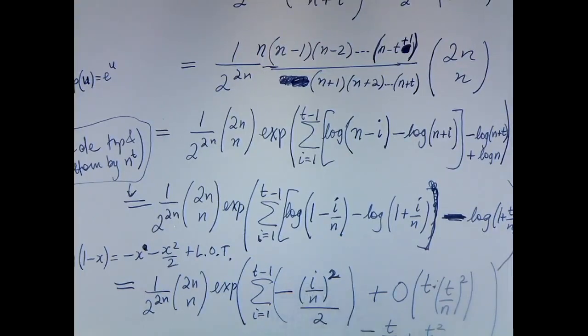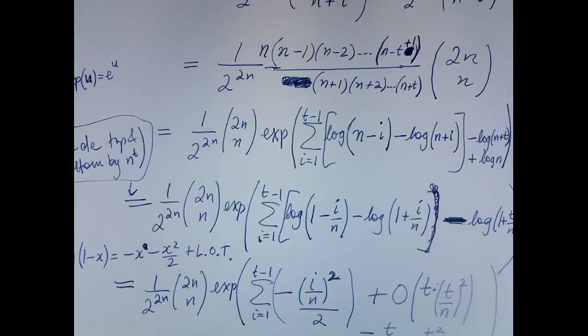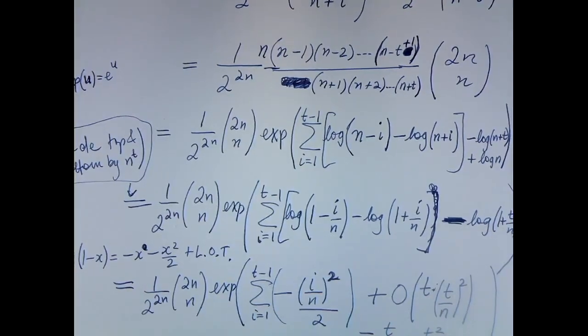That's just a formula for summing up the squares of the first t minus 1 integers, and then I have to divide that by 2, so it becomes divided by 6. And then minus, once again, t over n plus t squared over 2n squared plus lower order terms.